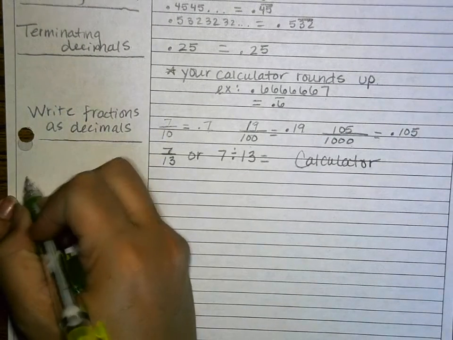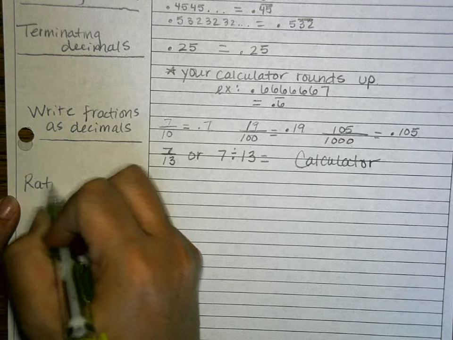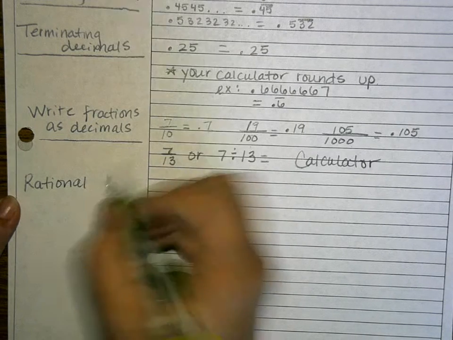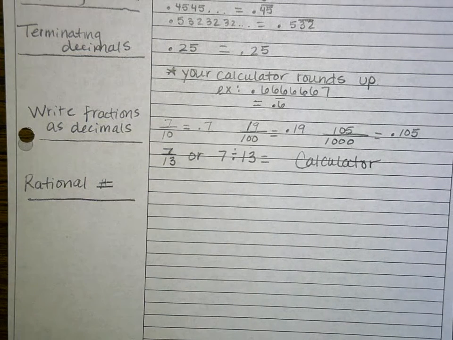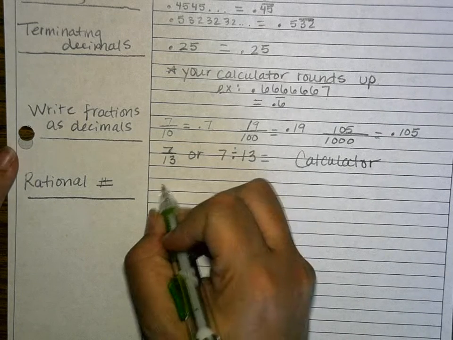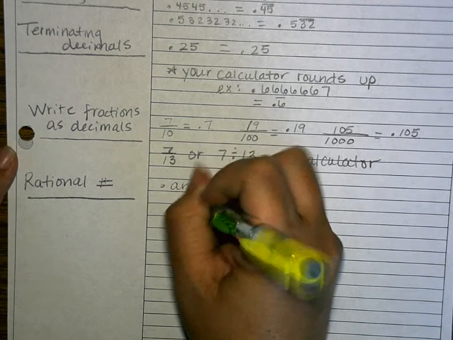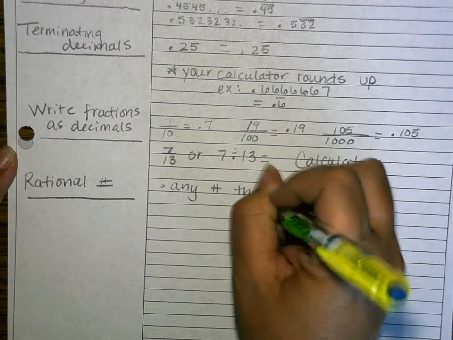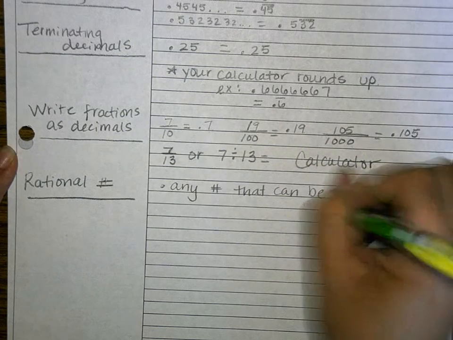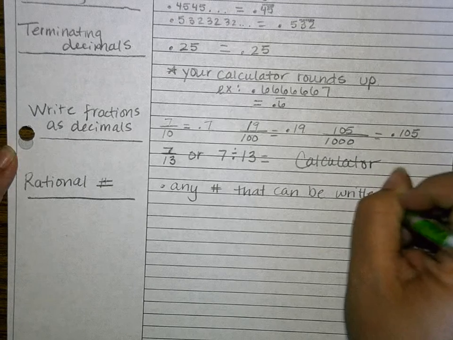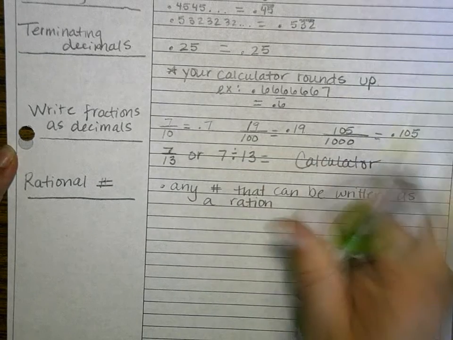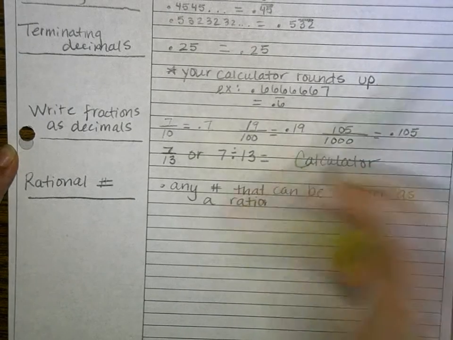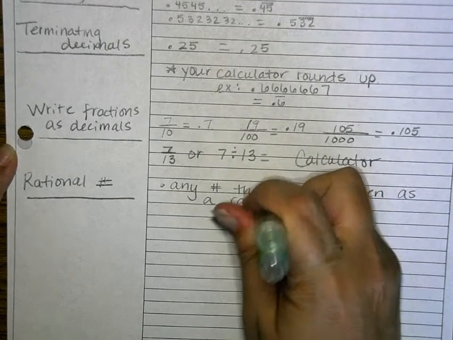Okay, one of the words that might have been new was rational number. You guys remember that from yesterday? Rational number. This is any number that can be written as a ratio or fraction. So let's write that down. Any number that can be written as a ratio or fraction.